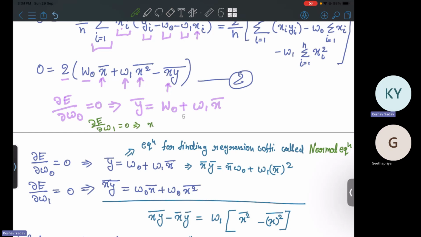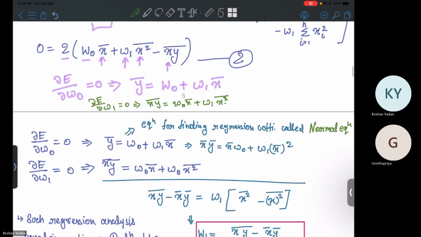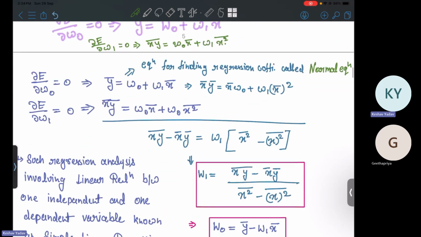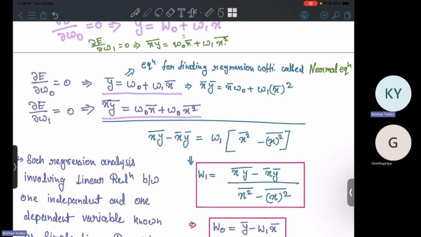That leads to xy bar equal to w0 x bar plus w1 x square bar. Okay, these two we have got. So these two have been written here.